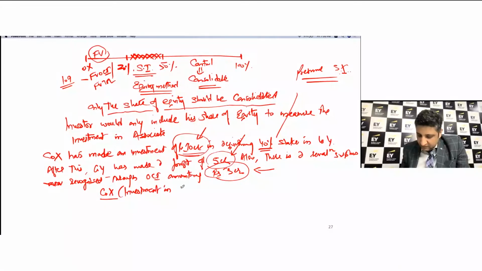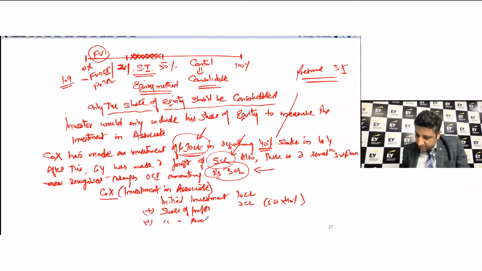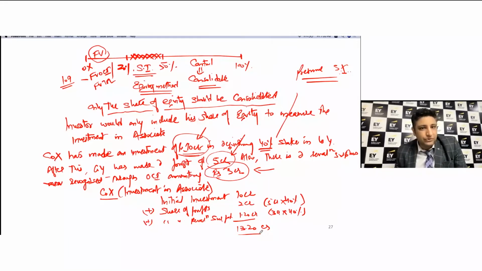Investment in associate: we say initial investment, which is 10 crores, plus share of profits, which is 5 crores into 40%, 2 crores, plus share of revaluation surplus, which is 3 crores into 40%, which is 1.2 crores, making the total investment at 13.2 crores.